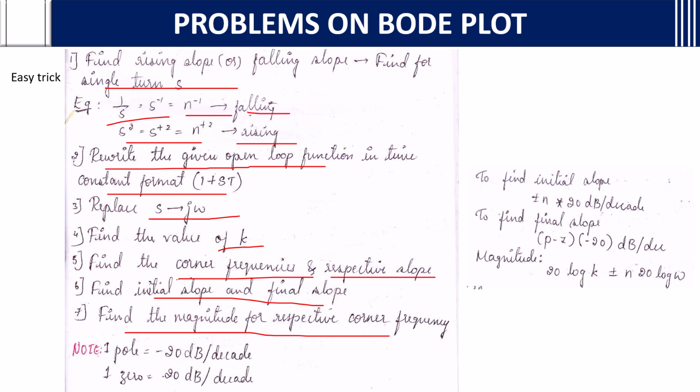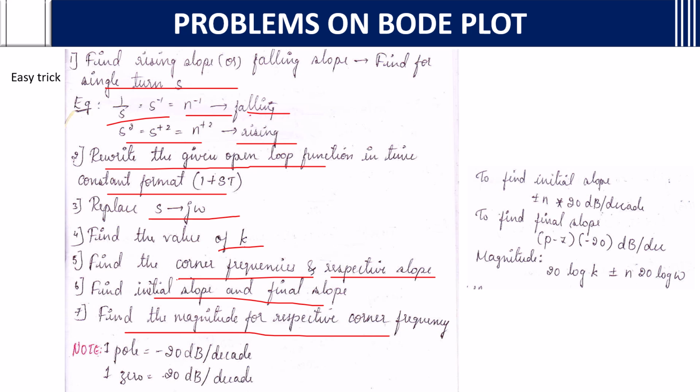Even we should draw the magnitude plot and phase plot on the Bode plot, and from that we can infer the gain margin and phase margin also, as we have studied the same topics in the previous videos.